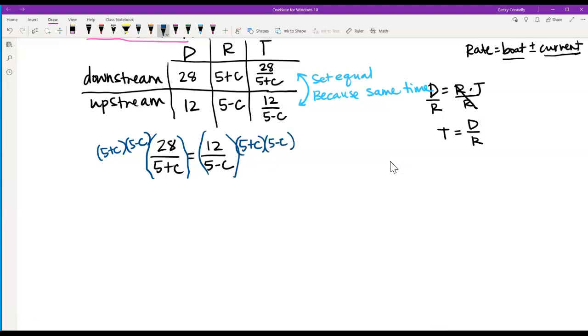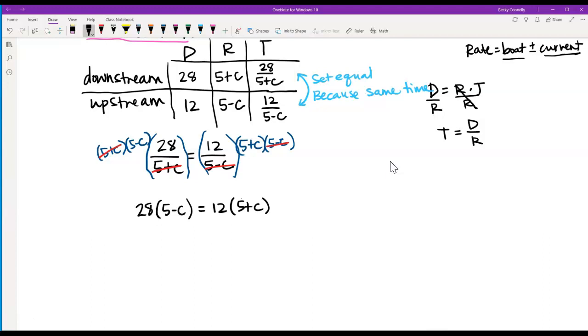All right, and then I can cross out my 5 plus c on the top, which cancels out with my 5 plus c on the bottom. On the other side, 5 minus c on the top and bottom cancel out. So then I'm left with 28 times 5 minus c equals 12 times 5 plus c.